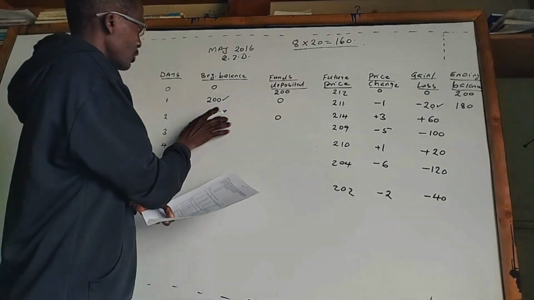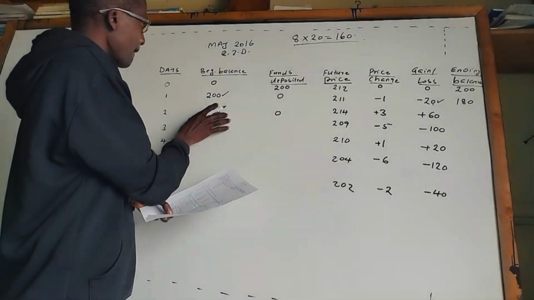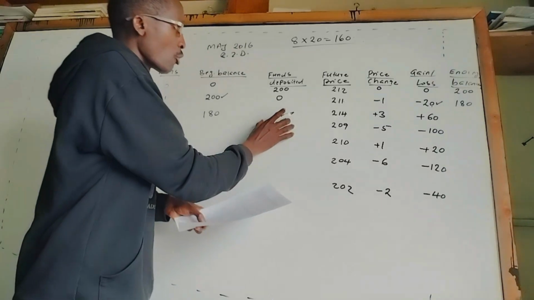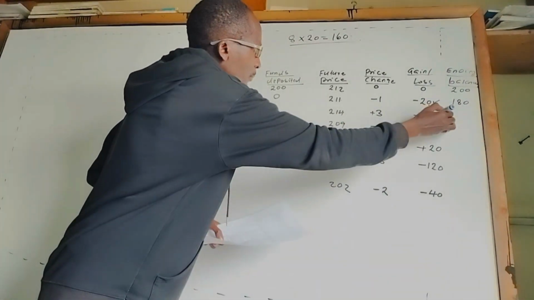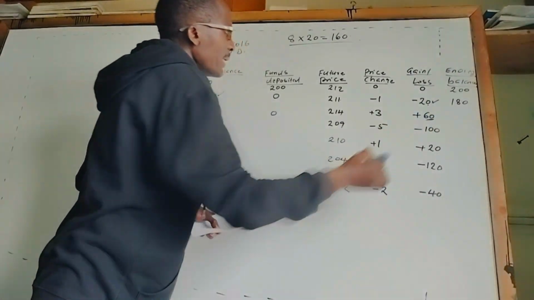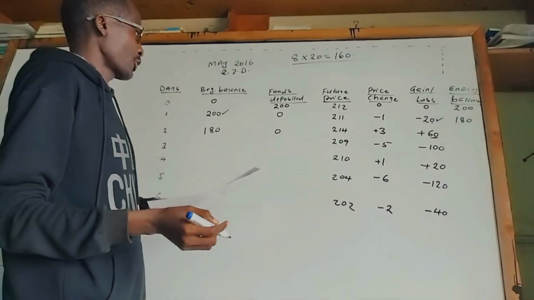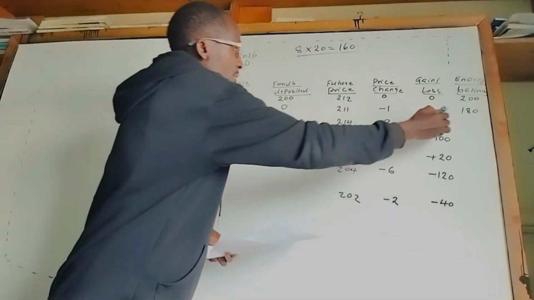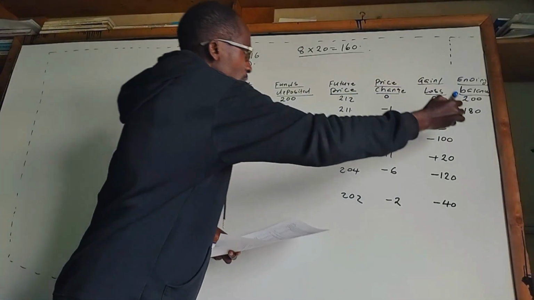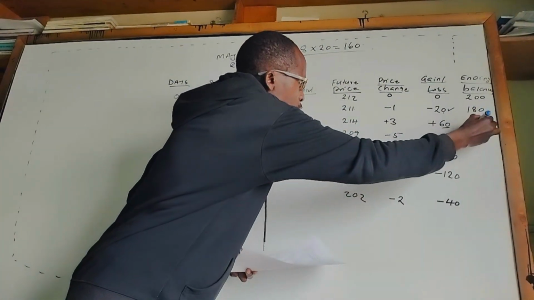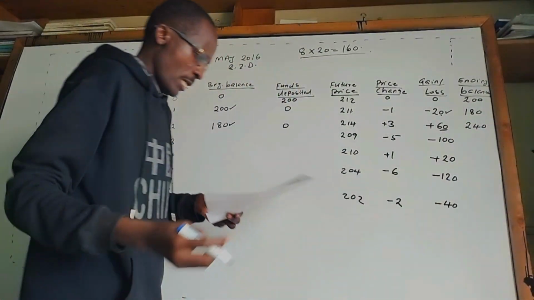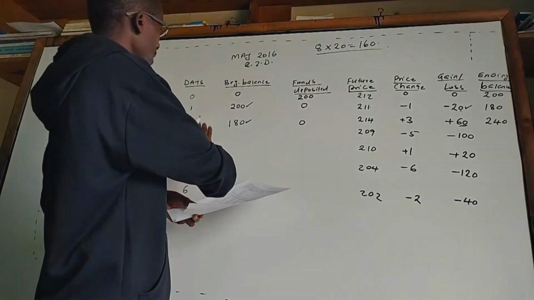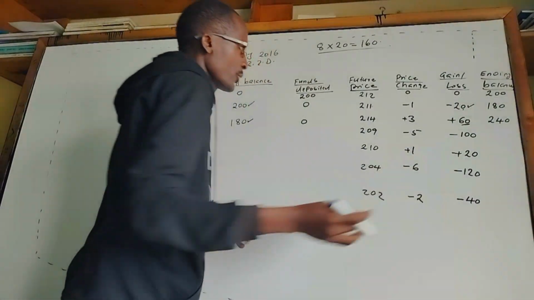Now day 2, the second period, we have 180, deposit 0, but here we have a gain of plus 60. So 180 plus 60 gives us 240. So our opening balance is 240.